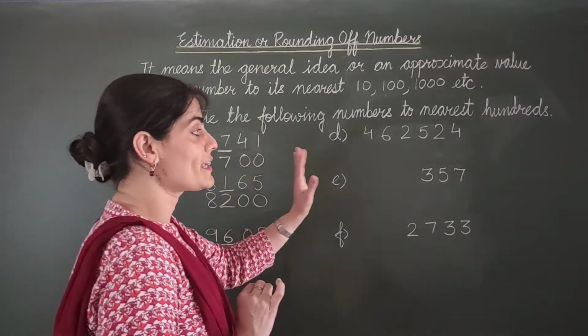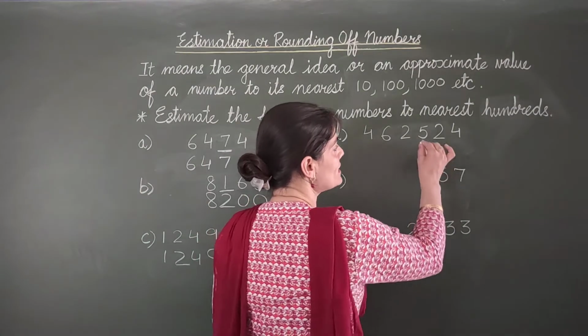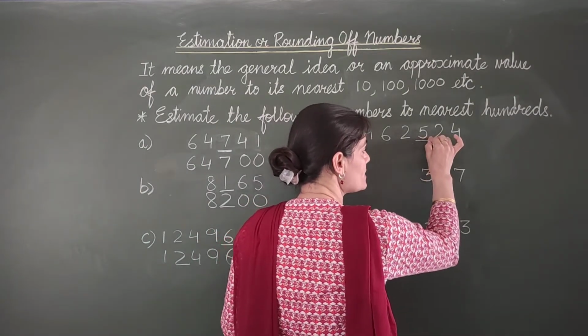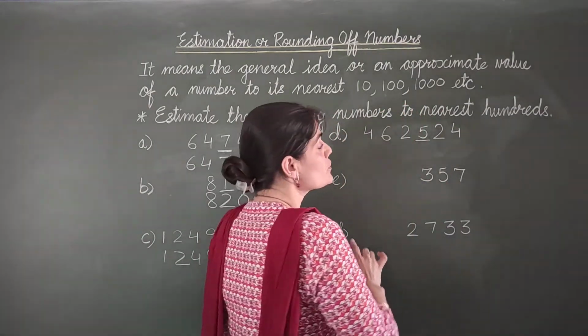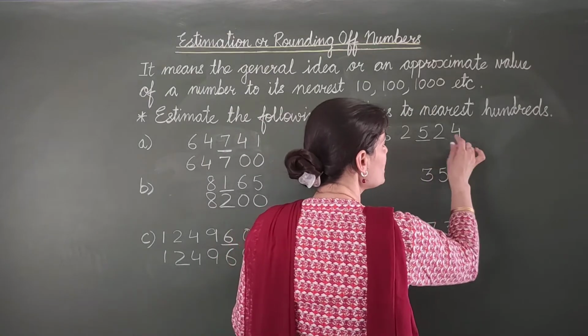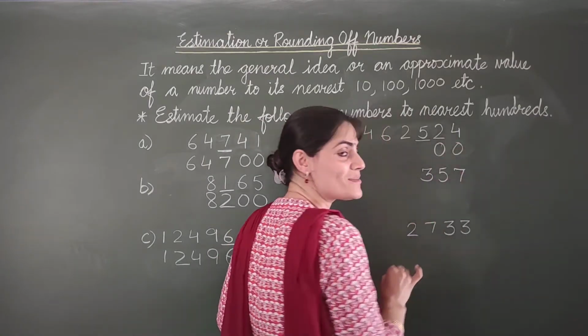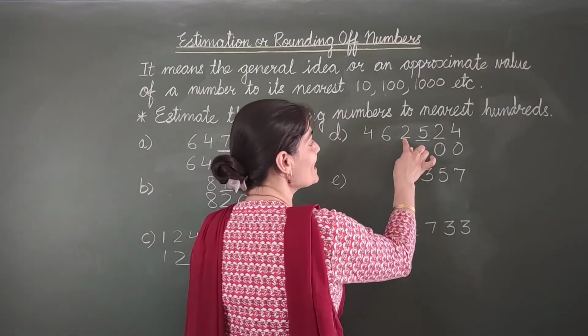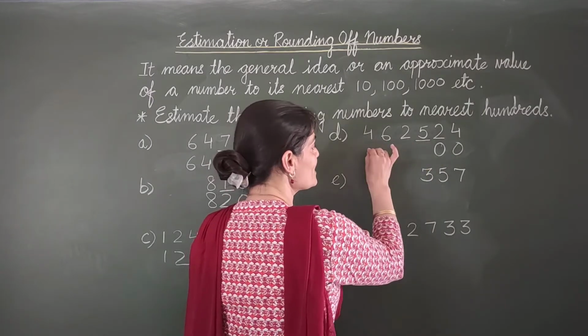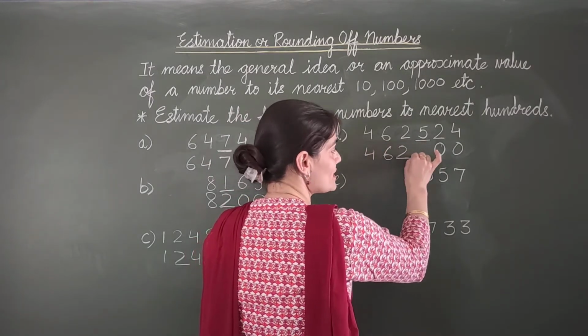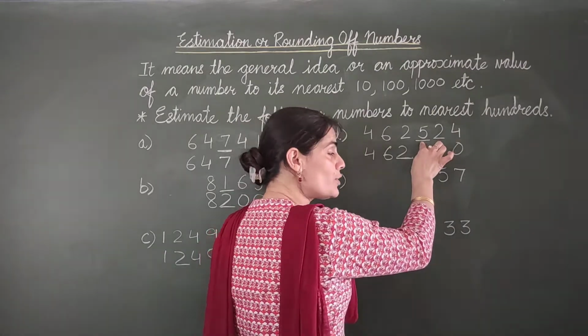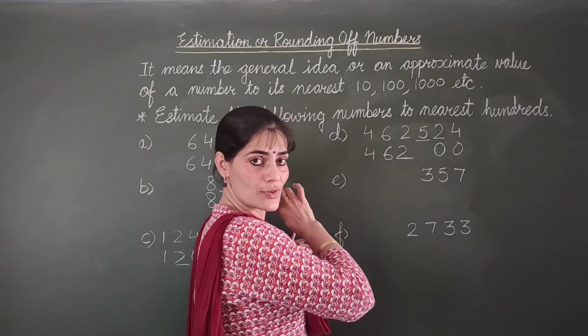Now move to the next part. In this part, the digit at hundreds place is 5. So, the digits at smaller places will be replaced by zeros and the digits at larger places will be written as it is. Now, what are we going to do with this digit at hundreds place?